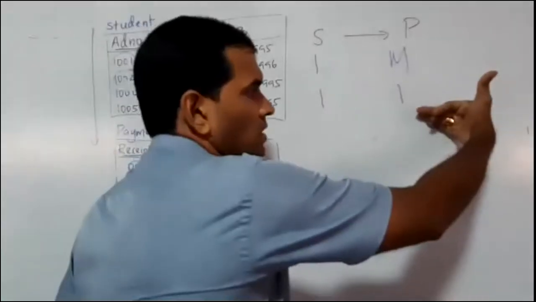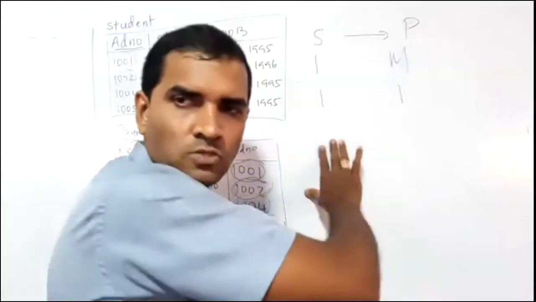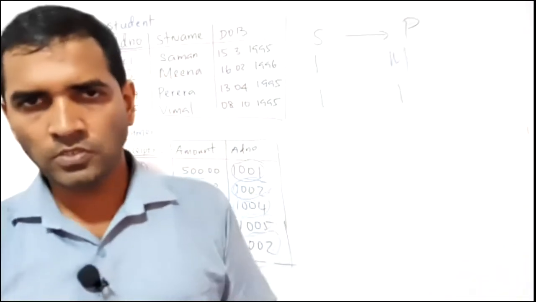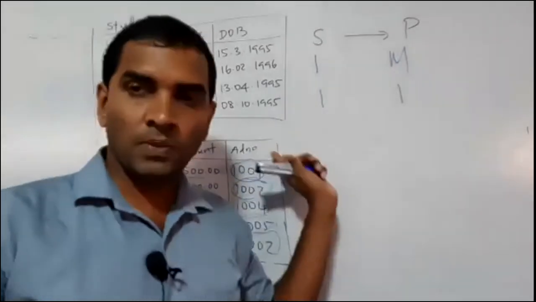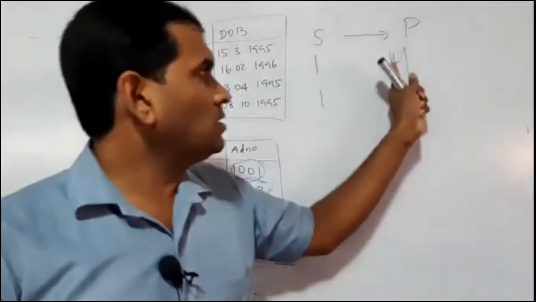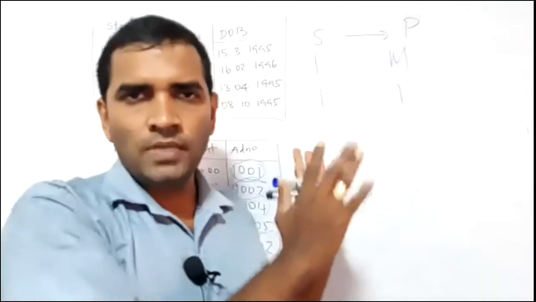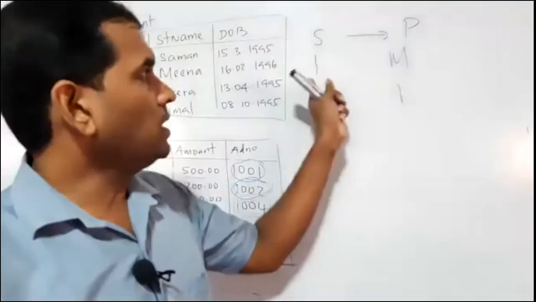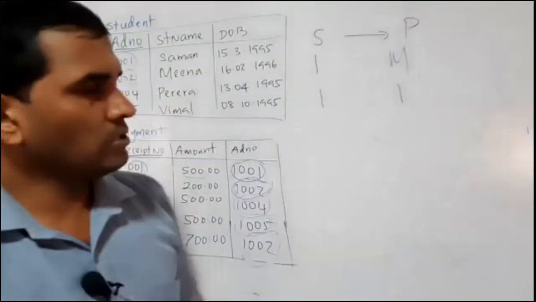From here to here, sometimes one-to-many, from here to here, sometimes one-to-one. That is possible. I can't say that it must be one-to-many and the opposite is one-to-one. But in these two tables, we found such a relationship: from student to payment, one-to-many, and from payment to student, one-to-one.